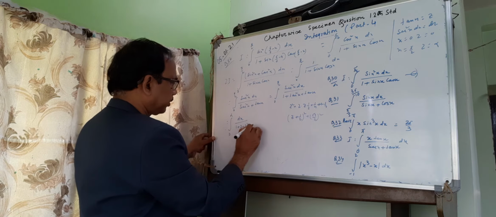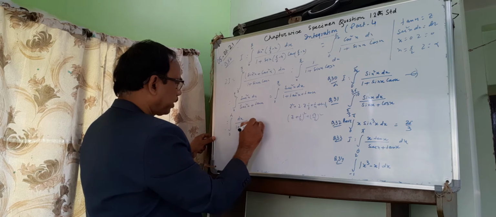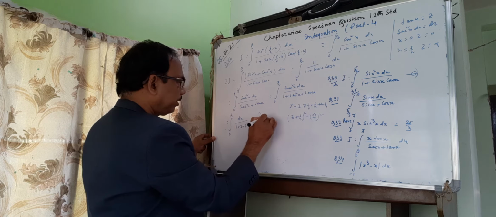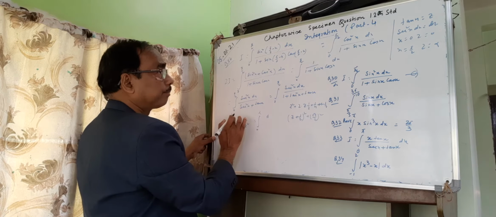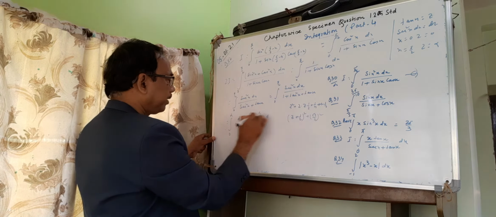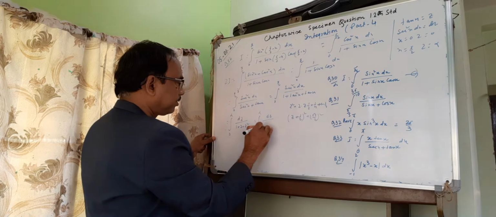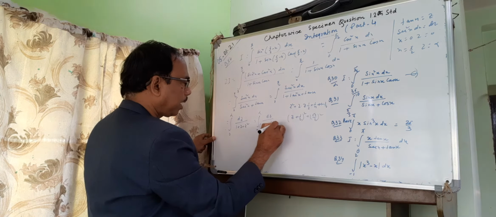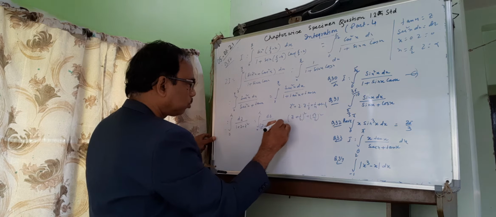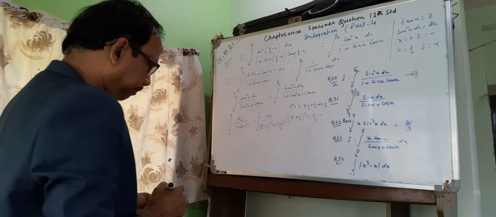You can write this as 0 to infinity dz by z plus half whole square plus root 3 by 2 whole square.